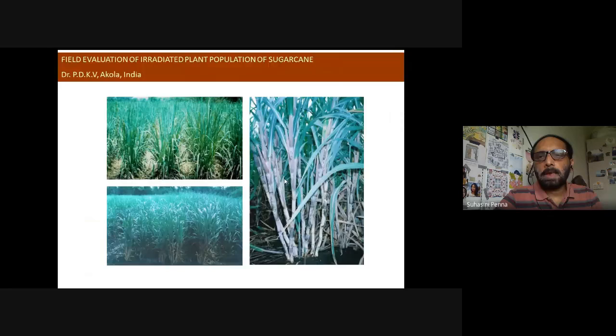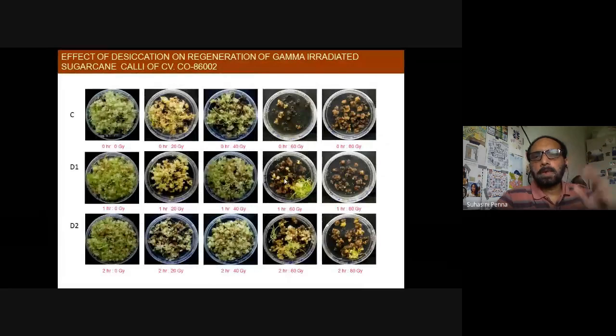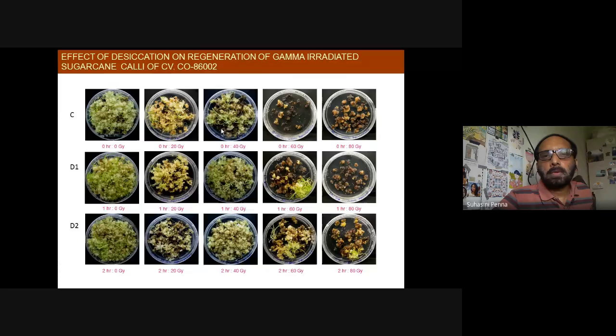The 100 gray callus normally will not survive. From 40, 50 gray only, you don't see any. For example, here you can see 0, 20, 40, 60, 80 gray. Here you can see the regeneration going down after 40 gray, because the LD50 is somewhere between 20, 30 or so.